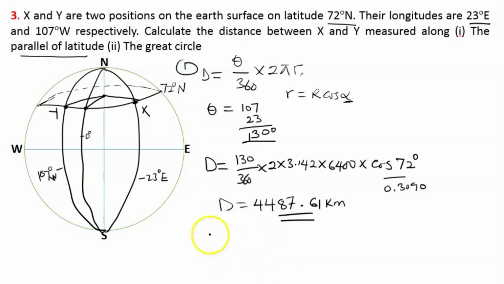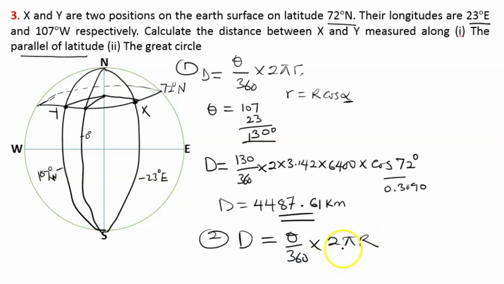All right, the second one is saying along the great circle. So what's going to be along the great circle? The formula is going to change to theta over 360 times 2 pi capital R. In this case, we are not going to have a cos of any angle. It's just going to be a direct one.